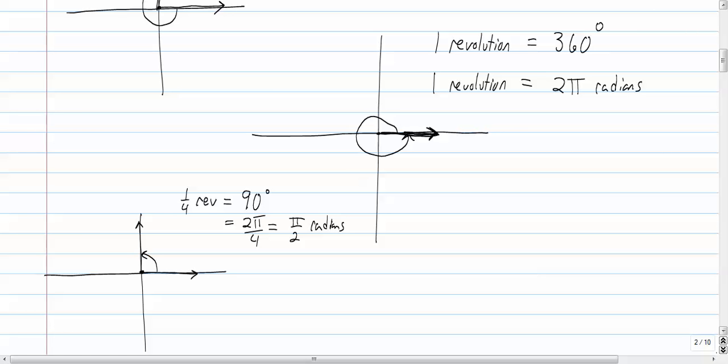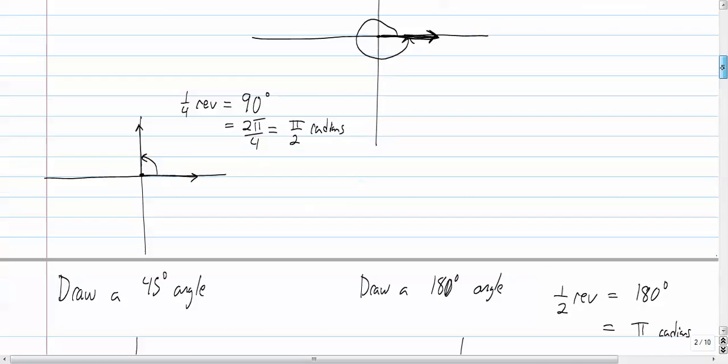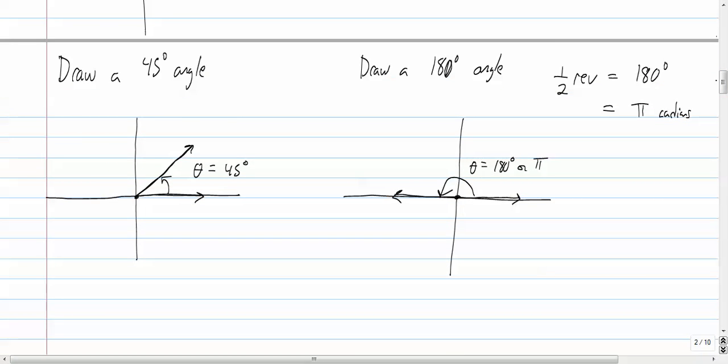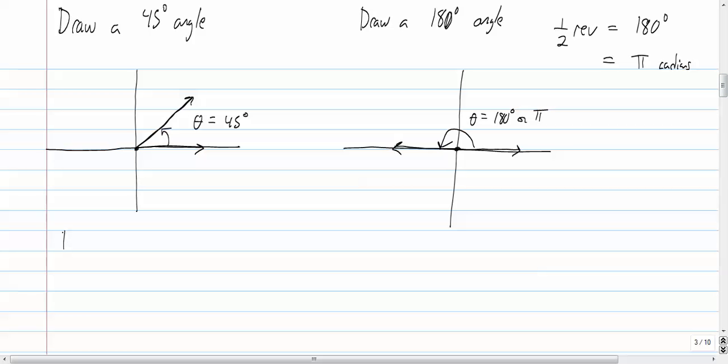You know, if I was to say 1/3 of a revolution, I would just divide the angle measure, the degrees, by 3. You say, what are you talking about, crazy person? Say I want to draw a 135-degree angle.